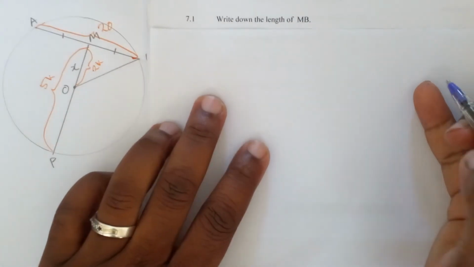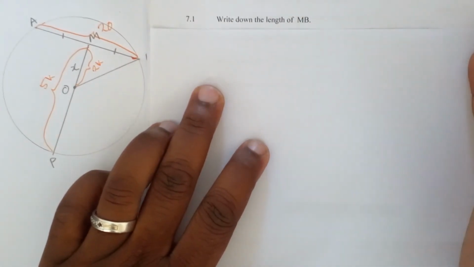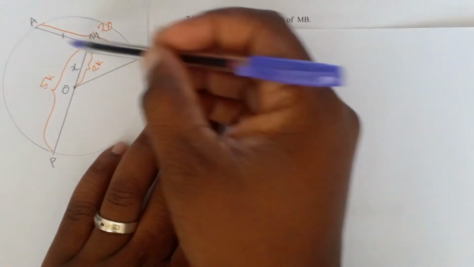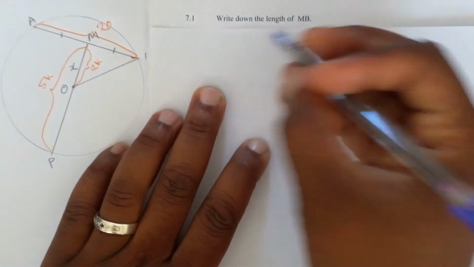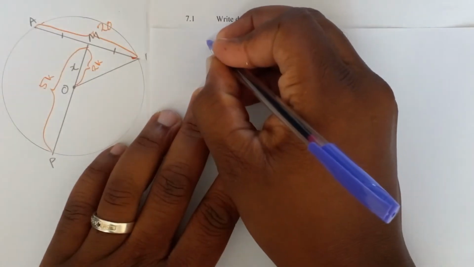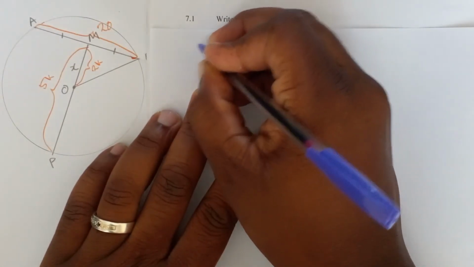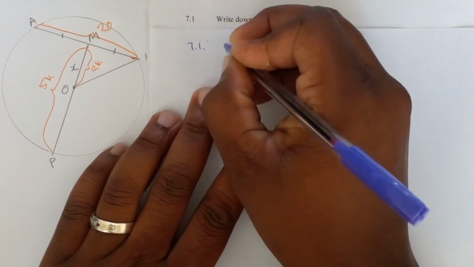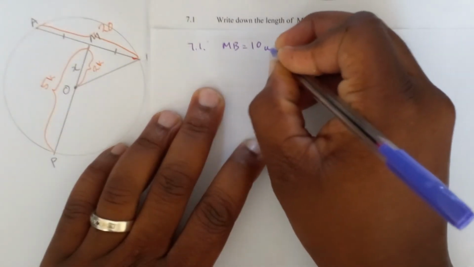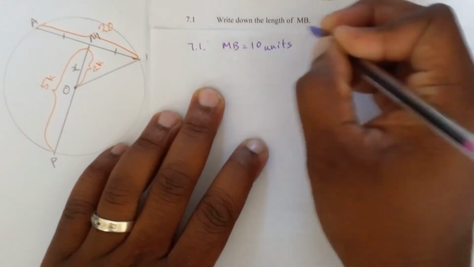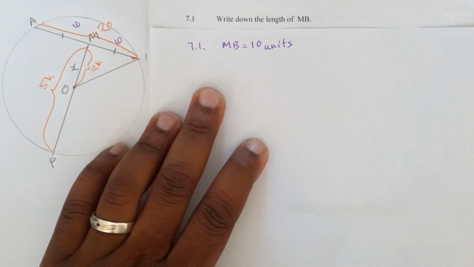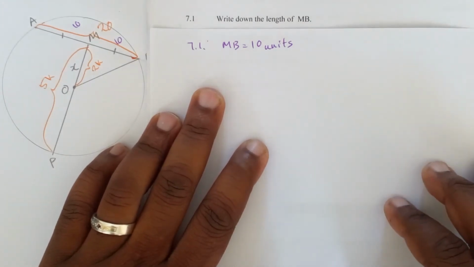First question, question 7.1: What is the length of MB? Easy, right? Remember, the whole is 20 divided into two equal parts. So MB is equal to 10 units, which means this is 10 and that's also 10. Do we have to give any reason? Oh yes.